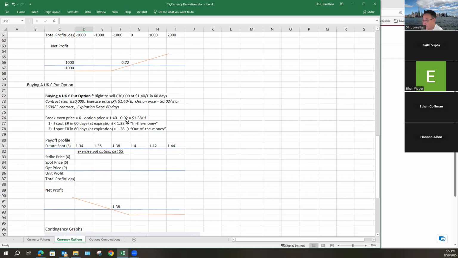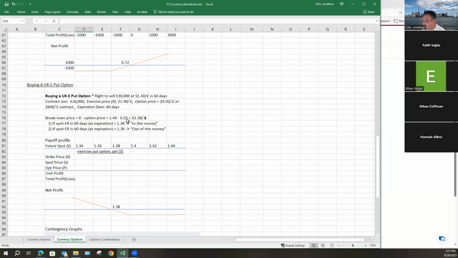I made you a little bit confused, but just take it this way. You have the right to sell at $1.40, but you paid for the put option, so you have to pay the option price.